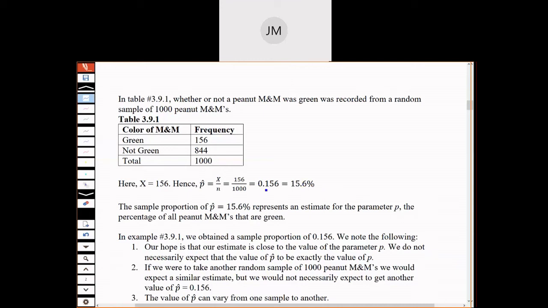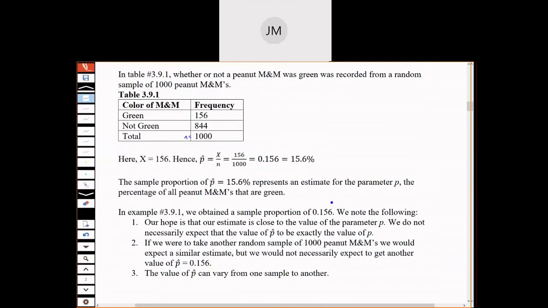Okay, so my x, my random variable x, is 156. And we already said that n is 1,000. Okay, so p hat is x over n, 156 over 1,000, or 0.156. If I were to write that as a percentage, I would say 15.6%. Okay, so for this sample of M&Ms that we have, 15.6% of the M&Ms in our sample are green.